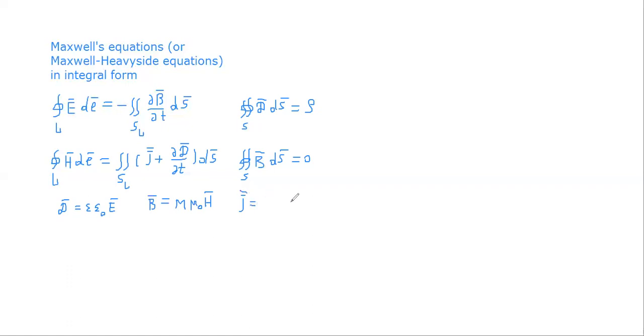Electric current density is equal to conductivity multiplied by electric field intensity. This is Maxwell's equations or Maxwell-Heaviside equations in integral form.